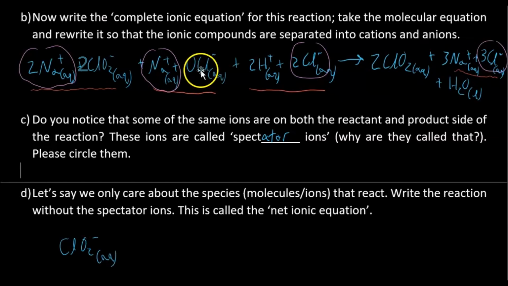And what else do we have? We have an OCl minus plus OCl minus aqueous. And because we don't have an OCl minus on this side, it's involved in the reaction, so we'll include that. It doesn't cancel out on both sides. We have these H pluses on the reactant side. We don't have H pluses on this side, and we have 2 H pluses.